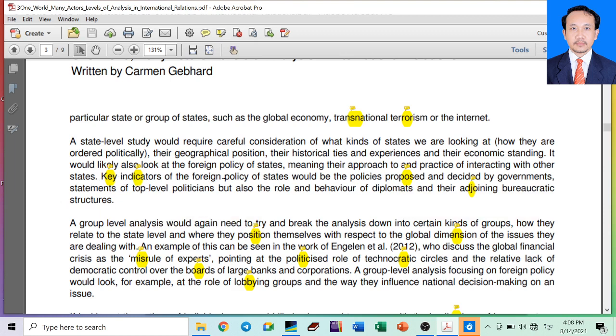Key indicators of the foreign policy of states would be the policy proposals decided by government, statements of top level politicians, but also the role and behavior of diplomats and their adjoining bureaucratic structure. Diplomats are really important for the country and countries.